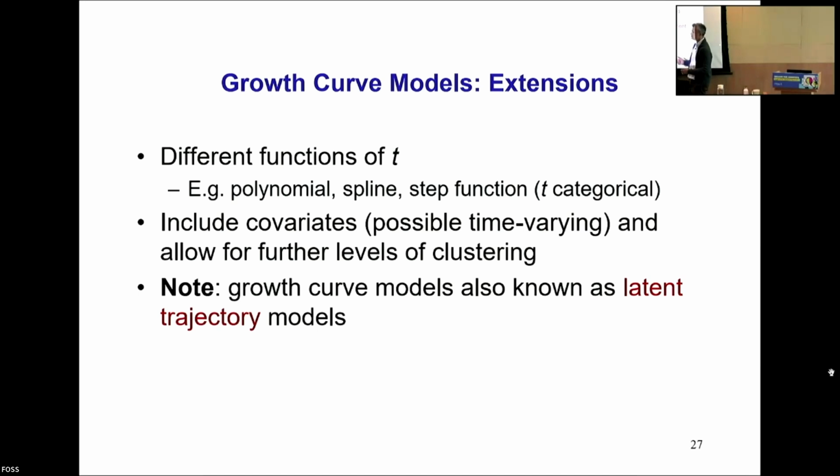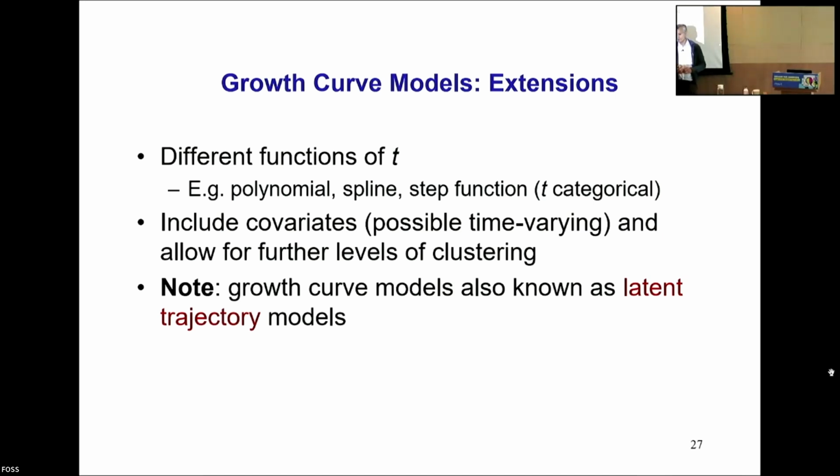There are 1 or 2 technical differences between using a multi-level approach to model growth curves versus a latent variable approach. Now, I won't go into that, but substantively, they mean the same thing. Even though the models might look quite different, substantively, they mean exactly the same thing.